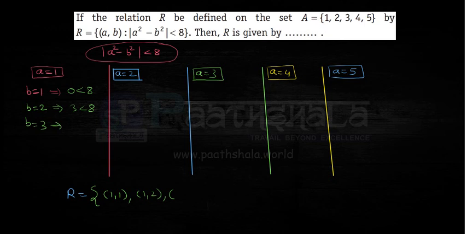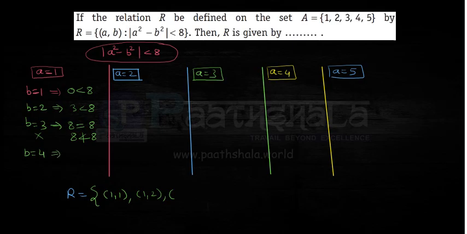Let's take b equals 3. So we will get 1 squared minus 3 squared, that is 1 minus 9, that is minus 8, that is 8. 8 is equal to 8. 8 is not less than 8. So this pair (1, 3) is not a valid pair. So let's take b equals 4.